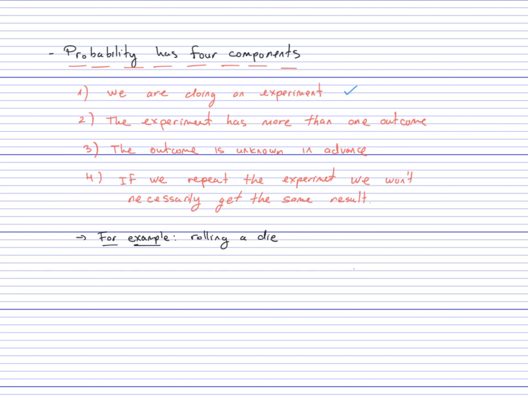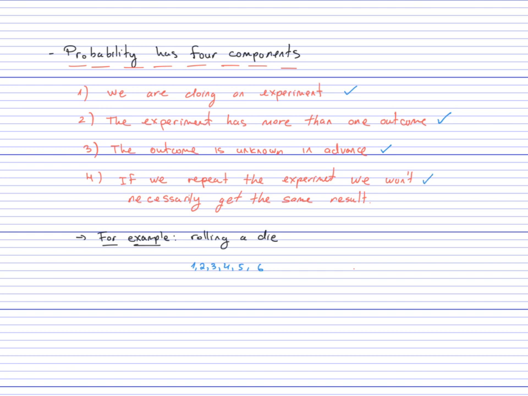We know that the different outcomes are 1, 2, 3, 4, 5, 6. Next, the outcome is unknown in advance. Yes, when you're rolling a die, you don't know what the outcome will be. And if we repeat the experiment, we won't necessarily get the same result. If you roll a die and get an outcome, for example 3, and you roll again, you won't necessarily get 3 again. Of course you can get 3, but not necessarily. So this is how those four components work.